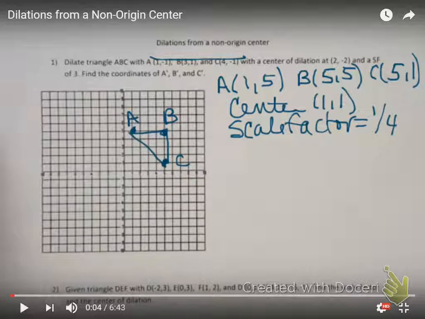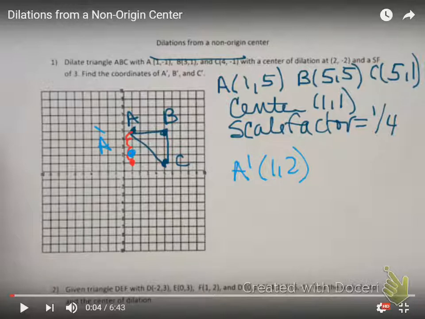Now, my center is at (1, 1), right here, and my scale factor is 1/4. So I look at the distance from my center, the red dot, to point A. It's 1, 2, 3, 4 straight up. What's 1/4 of 4? 1. So my new point is right there. That's A prime, at (1, 2).